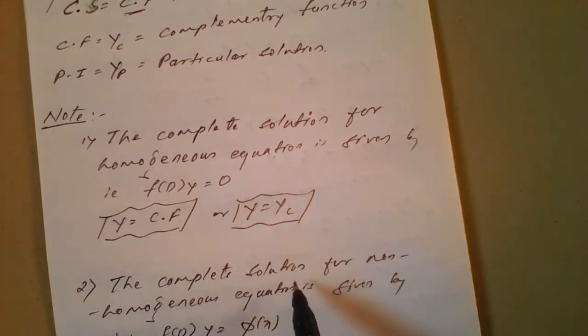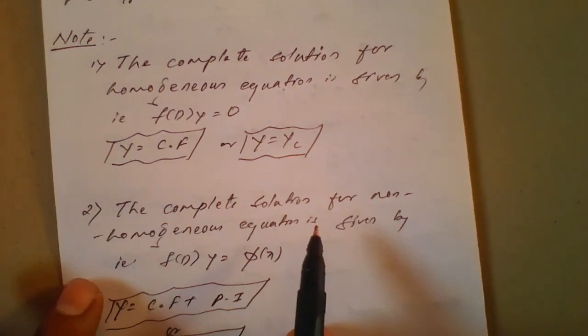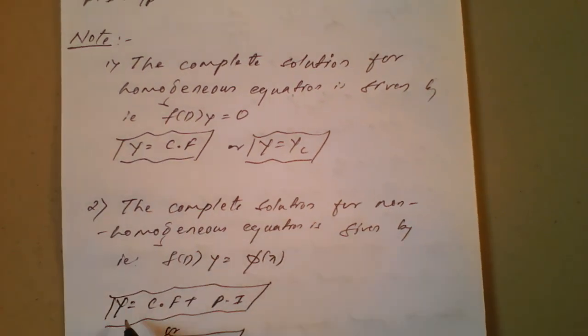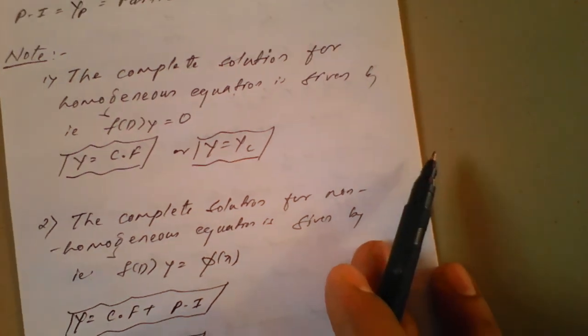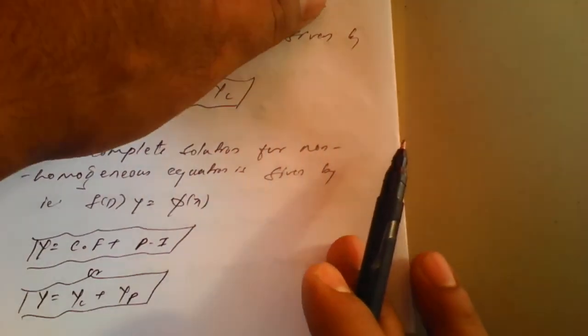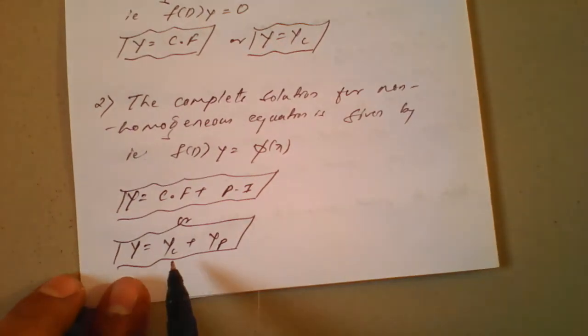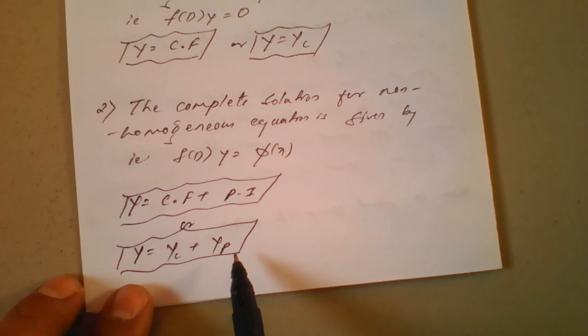And the complete solution for the non-homogeneous equation f of D of y = phi of x, where phi of x will take any value, is given by y = CF plus PI, or y = yc plus yp, because in a non-homogeneous differential equation we get both the complementary function as well as the particular integral.